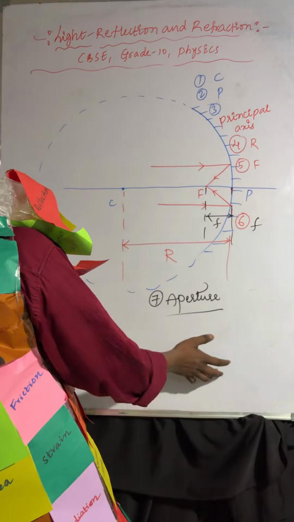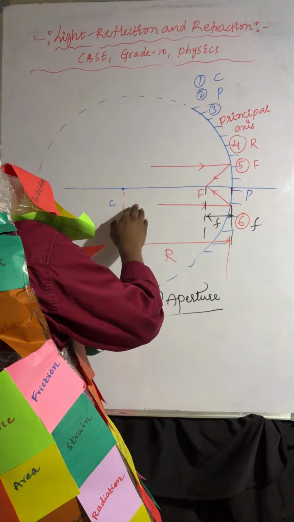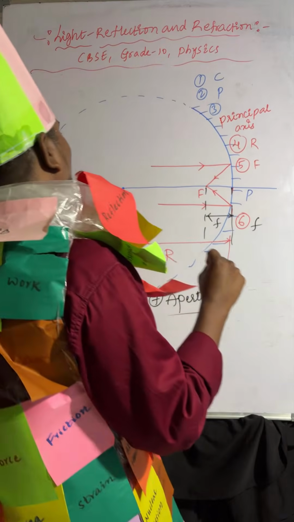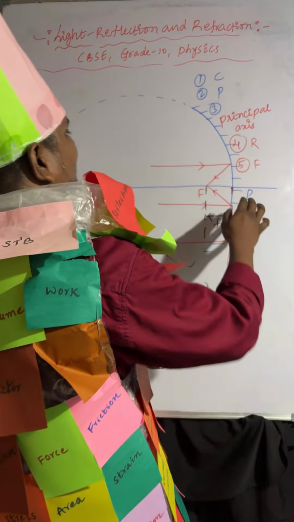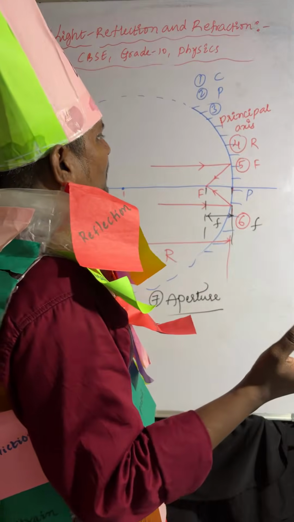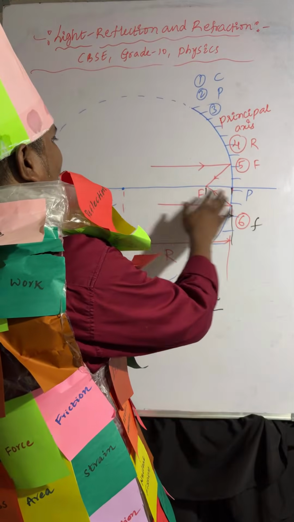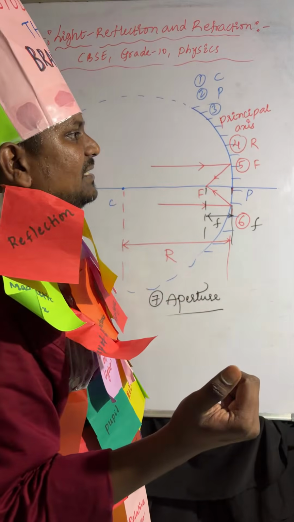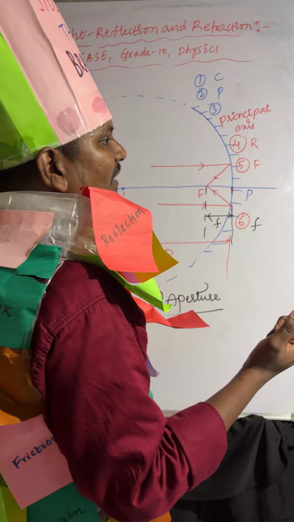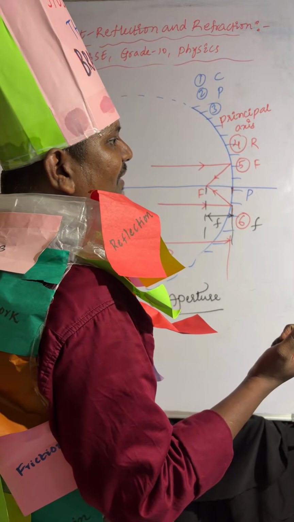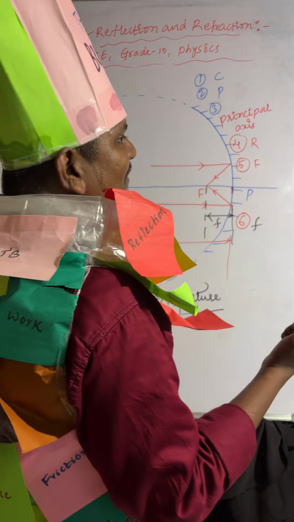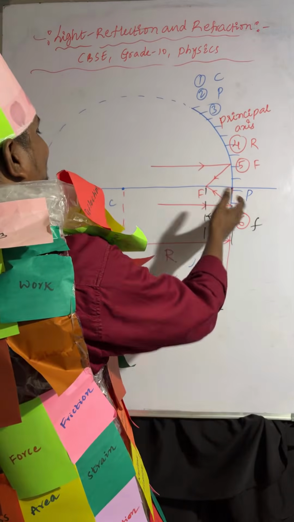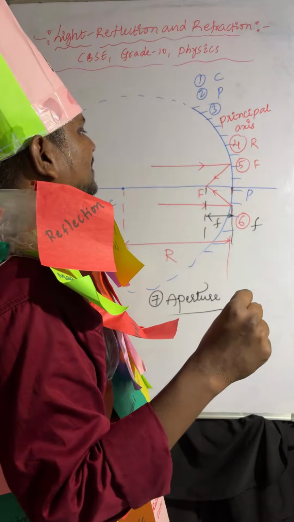So here you can see the center of the imaginary sphere of which the mirror is a part is called the center of curvature. The midpoint of the mirror is called the pole. The line joining the center of curvature and pole is called the principal axis. The distance between the center of curvature and pole is called the radius of curvature.